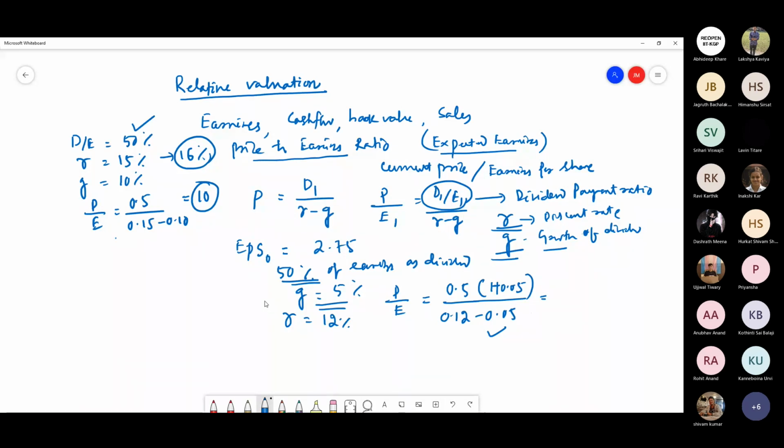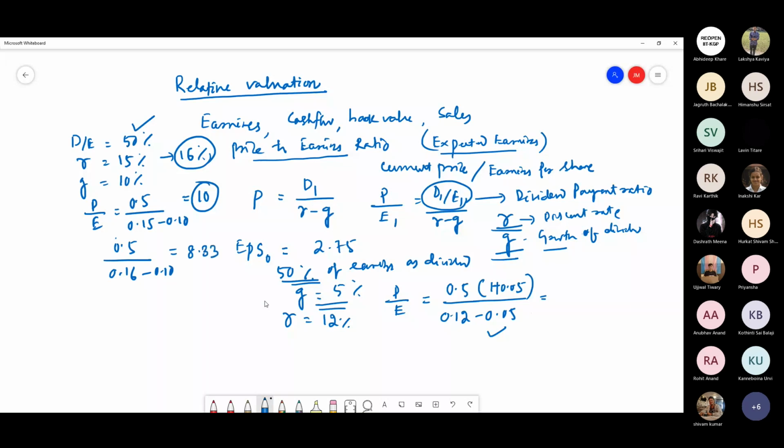If the discount rate increases, will your price earning ratio increase or decrease? It will decrease. So then automatically it will be 0.5 divided by 0.16 minus 0.10, so that comes to around 8.33.